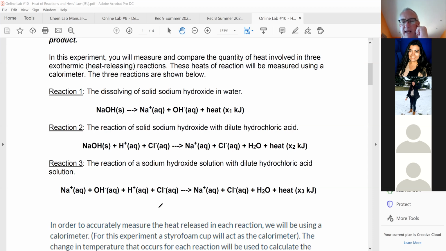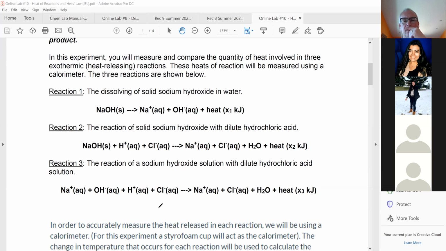So that means I can add 2 and 3 together and get 1? One is you put the products on the other side. You have to flip it to get reaction 3.